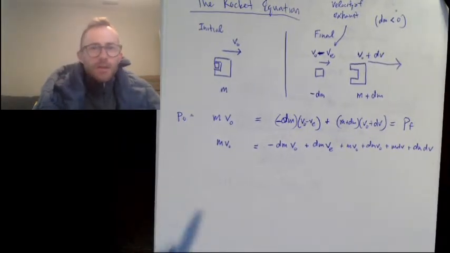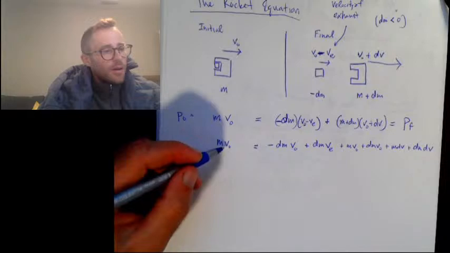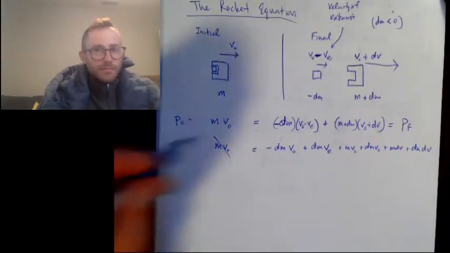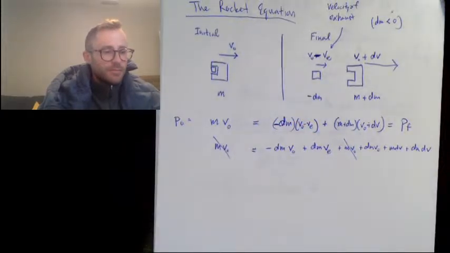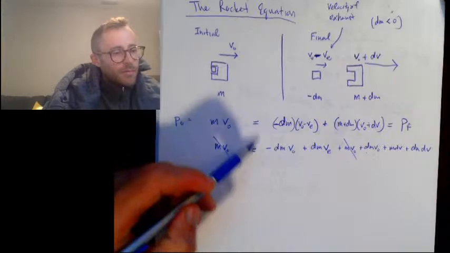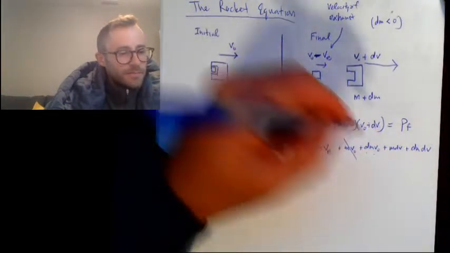Okay. And what we'll notice is that there are a lot of things canceling. m v naught is here and m v naught is here, so those cancel. dm v naught minus dm v naught, those two cancel.